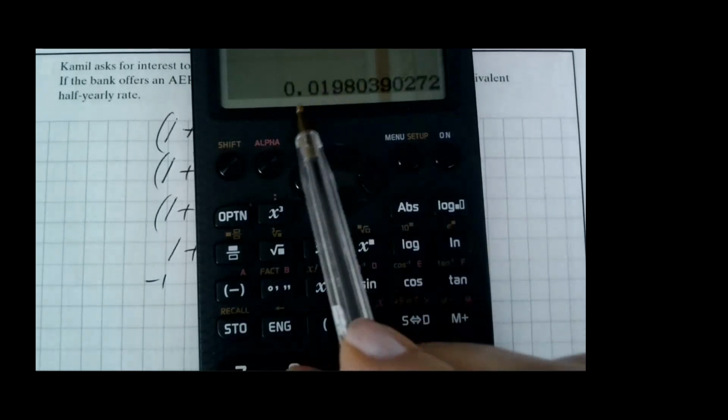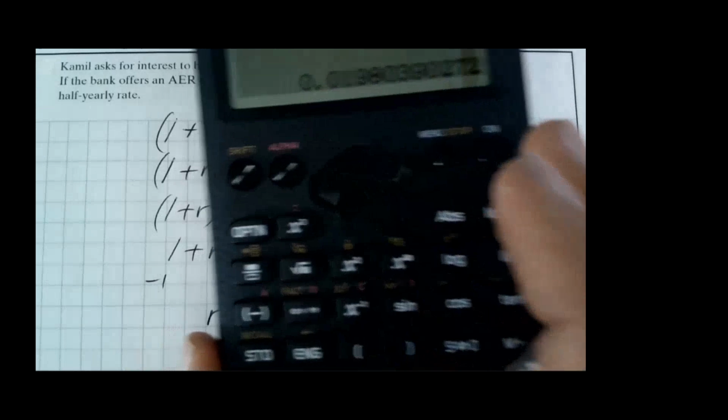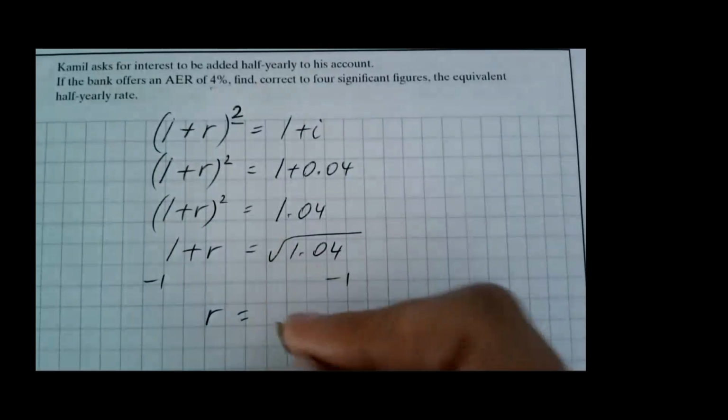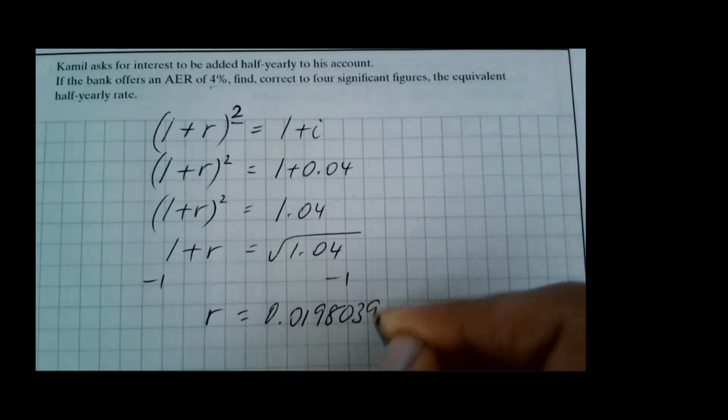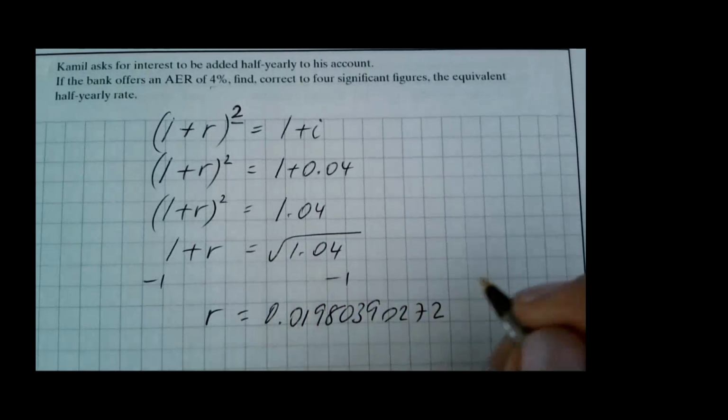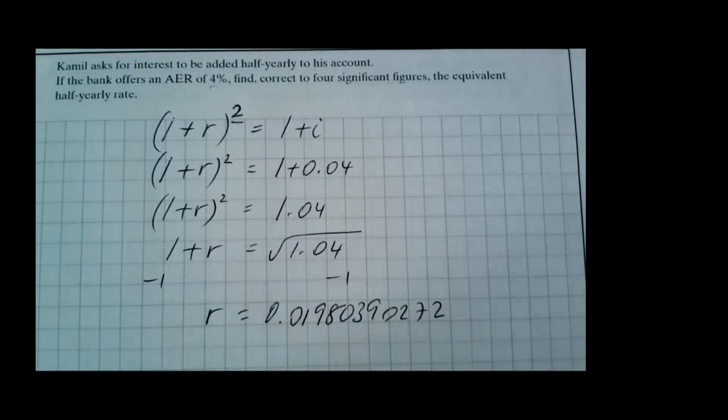So I'm getting 0.01980390272. And of course, that's the decimal form.